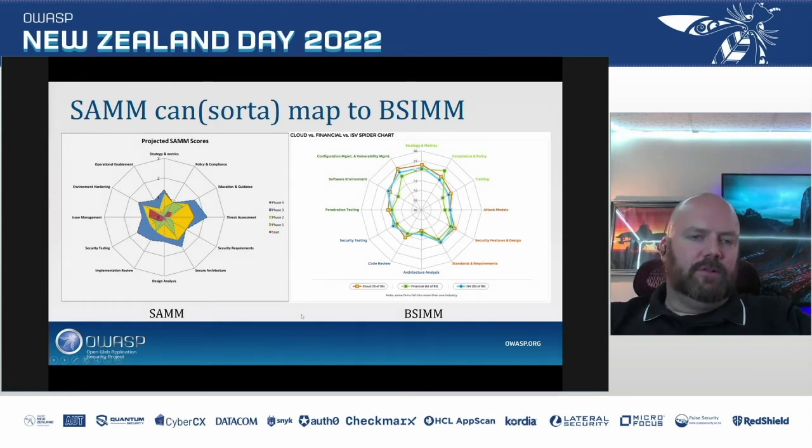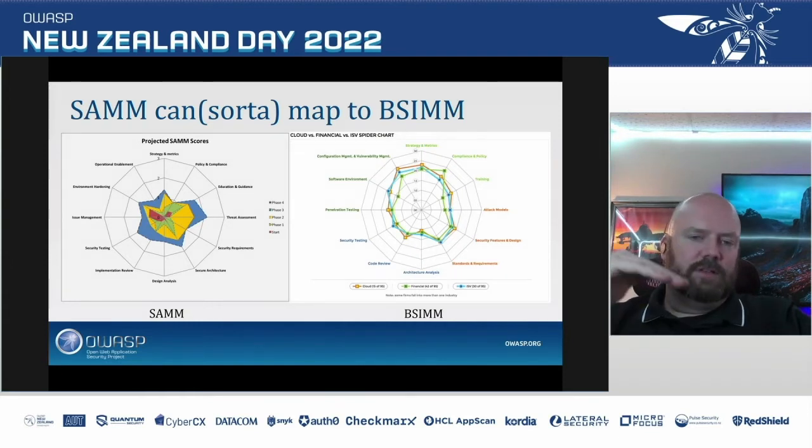At a really high level, SAMM 1.5 essentially had the same categories, same security practices as BSIMM. If you dug into the details, they start diverging in terms of what questions are asked in BSIMM and what kinds of things they attempt to measure.